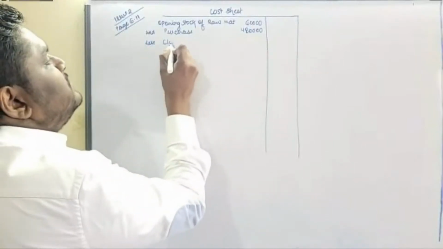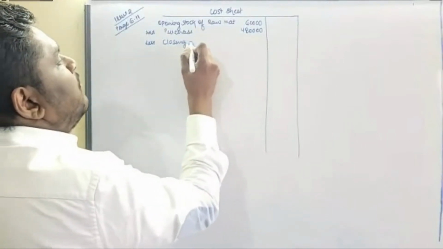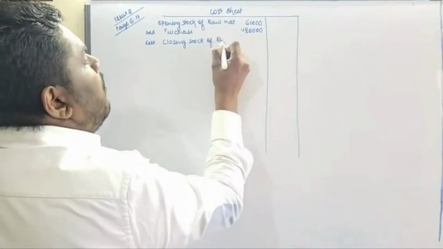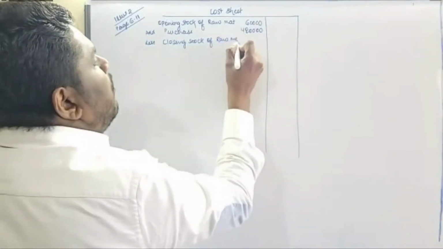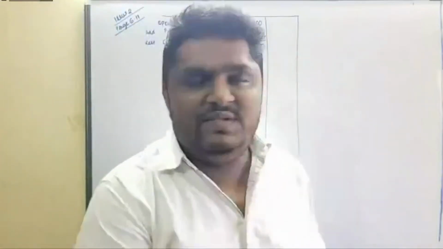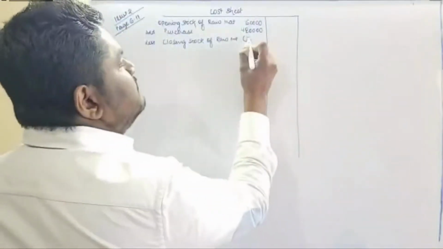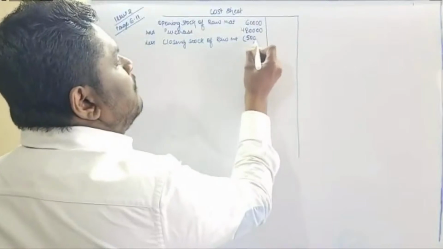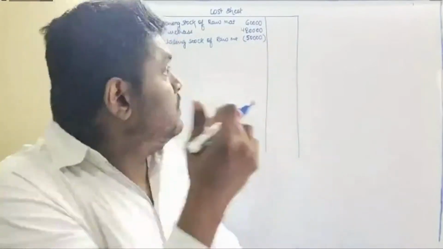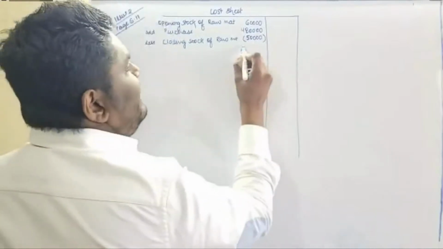We'll deduct the closing stock of raw material, and that is 50,000. So the total will be 4,90,000.